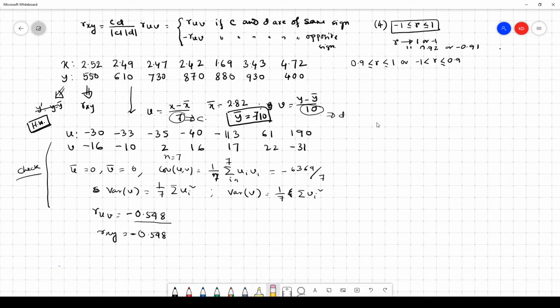This is classified as strong correlation.